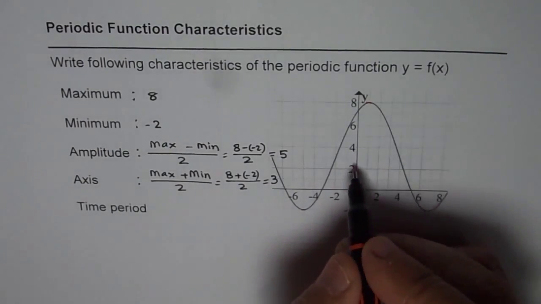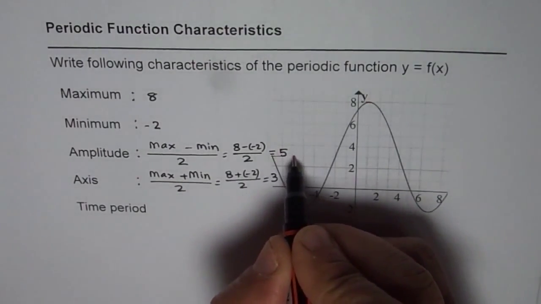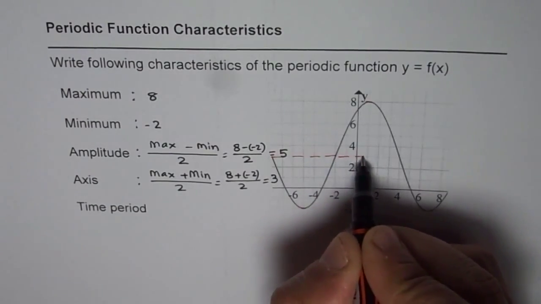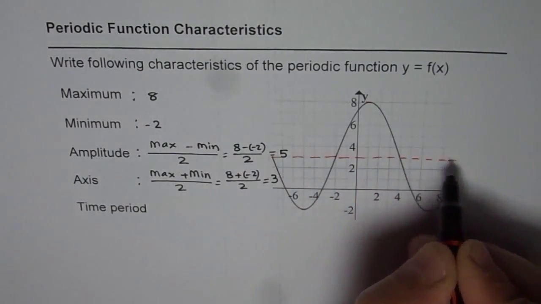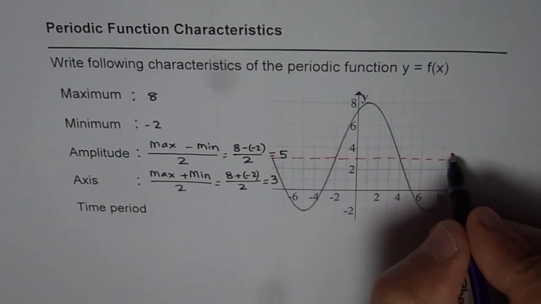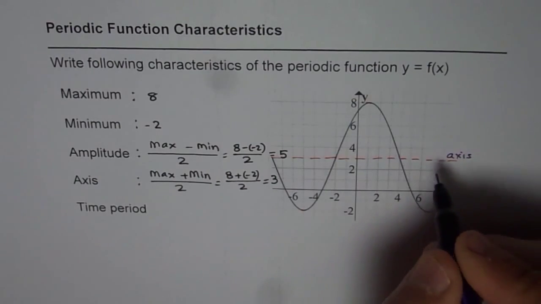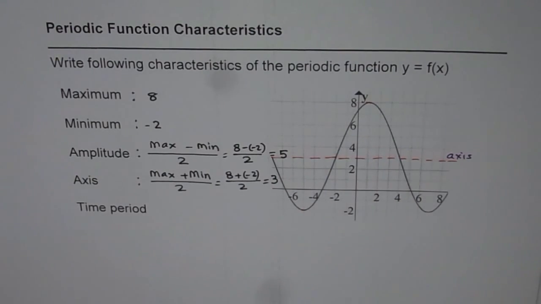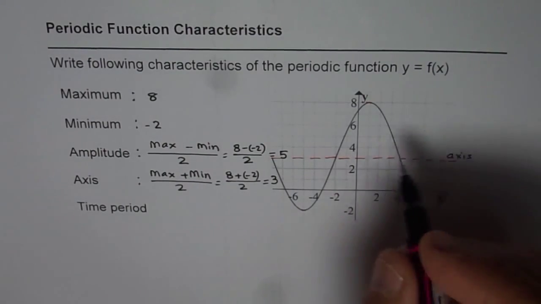At 3, if I draw a horizontal line, that becomes the axis of the given graph, right? So this is what we call axis. It is the average of maximum and minimum, and the average value of a graph is the axis.